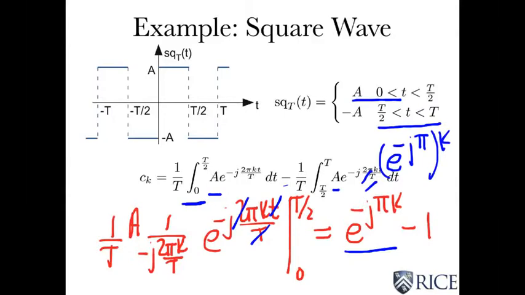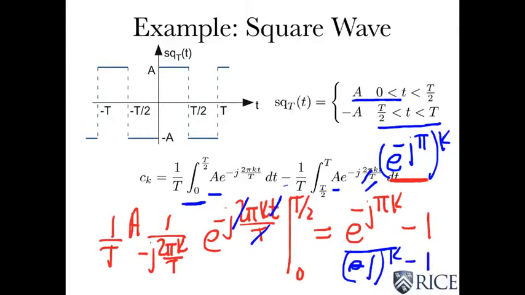Well, in some quarters, this is considered one of the most interesting and important formulas in mathematics. e to the minus j pi, or even e to the plus j pi, is minus 1. So what we get here is that this is minus 1 to the k.